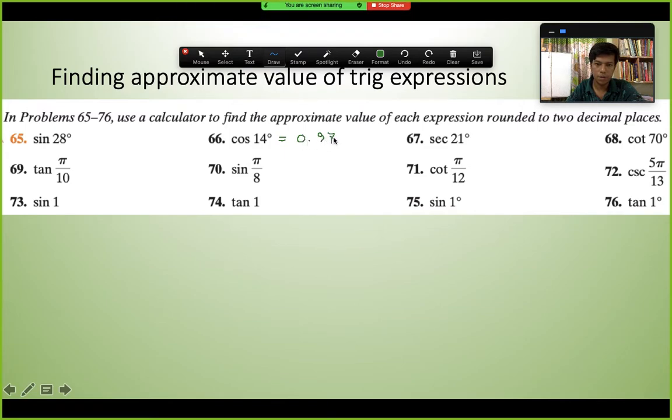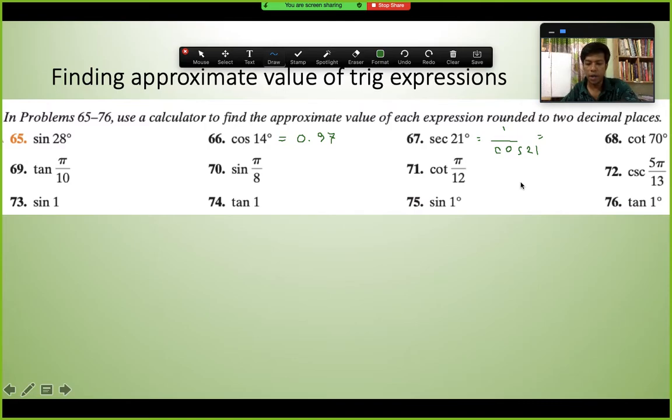0.97. So we will write here that this equals 0.97. Suppose this one is sec 21. We do not know what sec 21 equals, as the calculator cannot do sec directly. That's why first of all we will write 1 divided by cos 21. So first, cos 21 equals this.